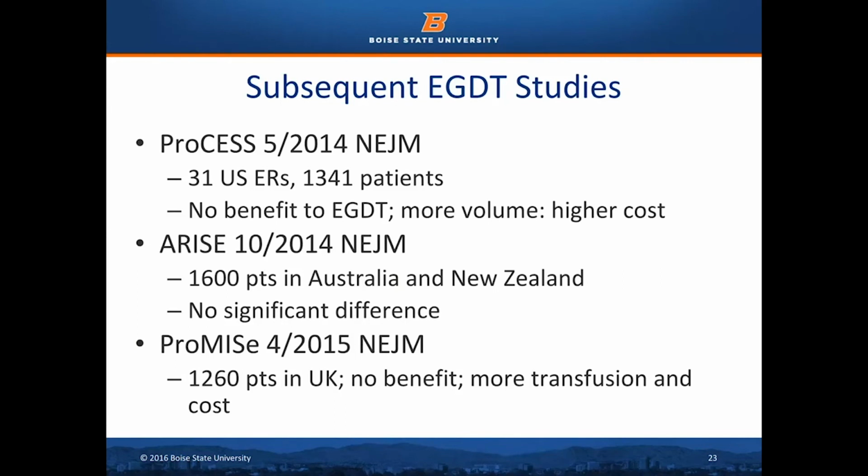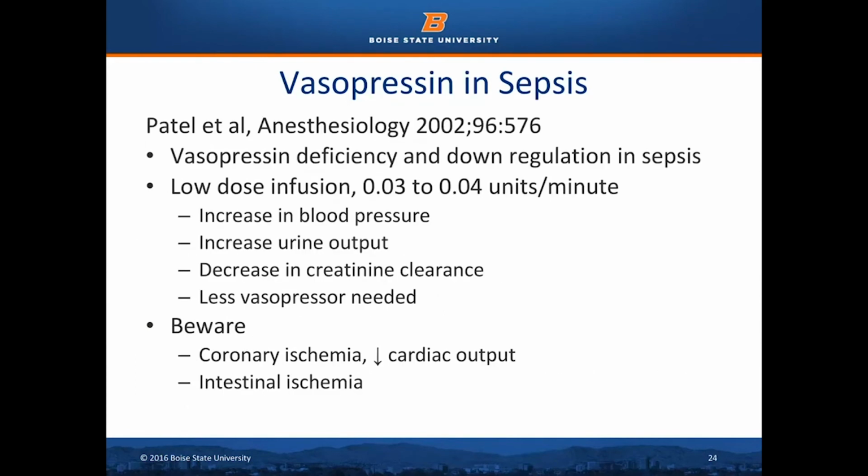I'd really like you to look at them and decide what differences there really are. But they basically essentially said no benefit to early goal-directed therapy, but the reality was they were kind of already doing it. So take a look at those. We'll talk about that in our discussion forum. A couple of other interventions that do seem to show a little benefit.